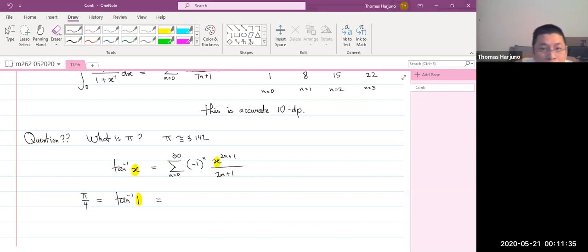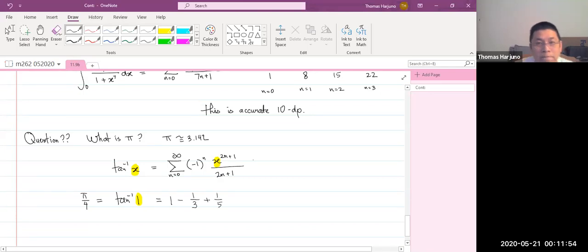So when n equals 0 and x equals 1, you get 1, and then minus 1/3 plus 1/5, right? Because x is equal to 1.